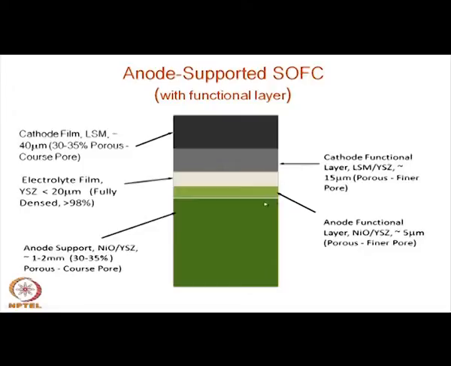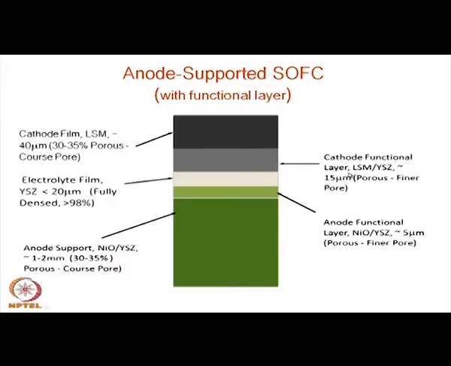Then there are two additional layers. The three layers are normally the standard layers, but we have additional layers. In between the cathode and the electrolyte, this layer is called the cathode functional layer.